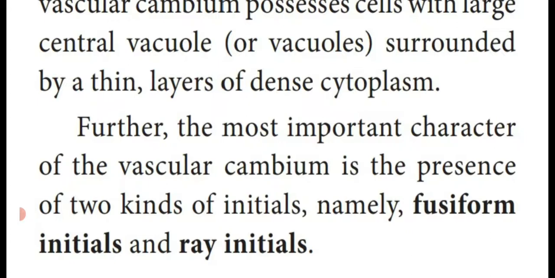Next, the most important character of vascular cambium is the presence of two types of initials. That is an important characteristic feature of vascular cambium. It consists of two kinds of initial cells.